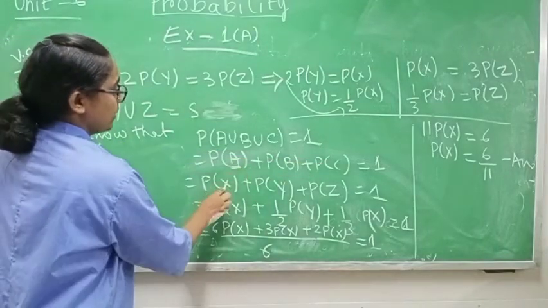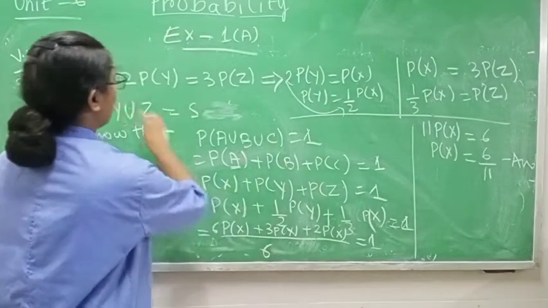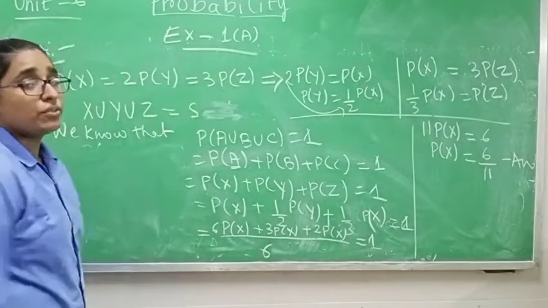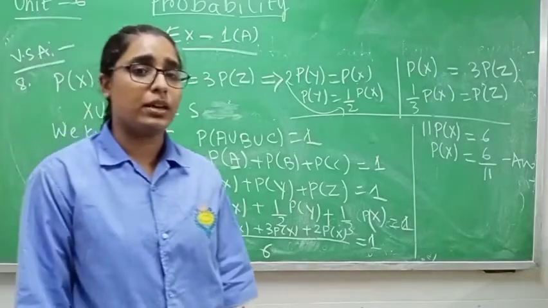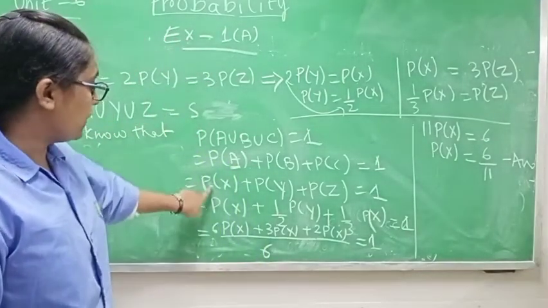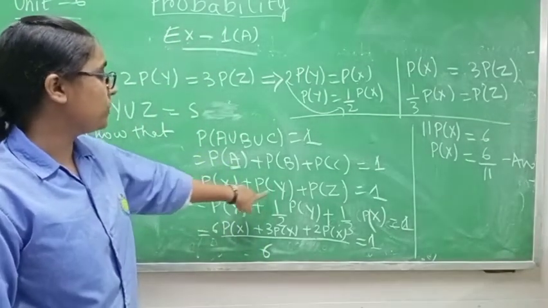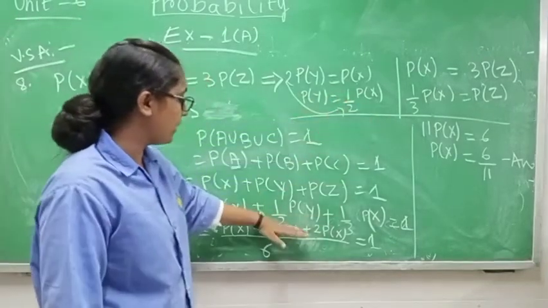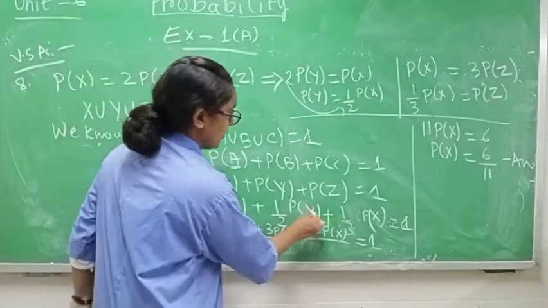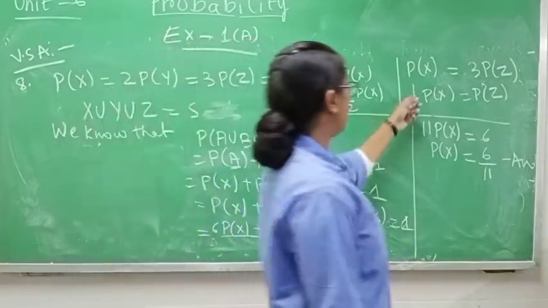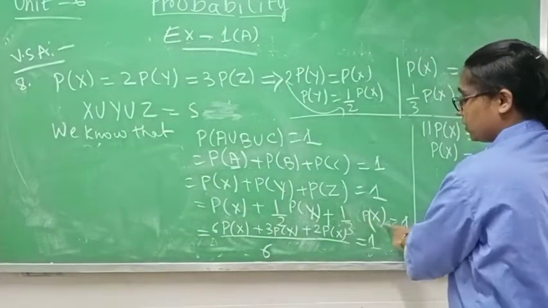Now in place of A, B, C I am taking x, y, z, because in the question it is given in terms of x, y, z. P(x) I write as it is, P(y) I get as half P(x), and P(z) as 1 by 3 P(x).